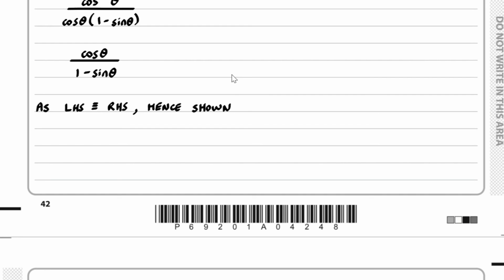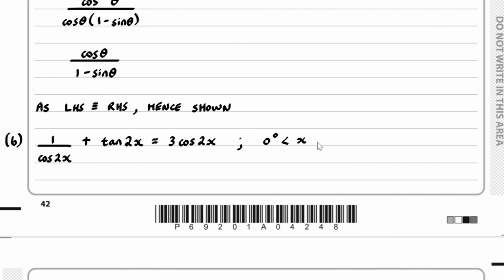So for part B of the question, we've got the equation 1 over cos 2x plus tan 2x equals 3 times by cos 2x. And we are solving this in the domain 0 to 90 degrees.